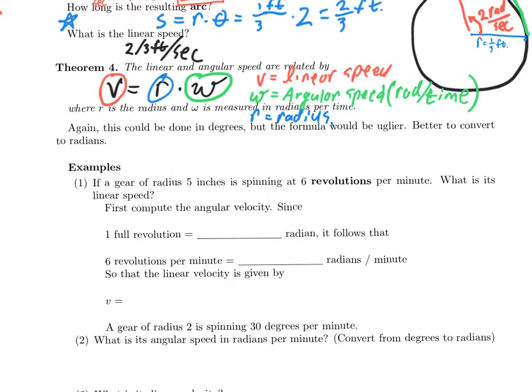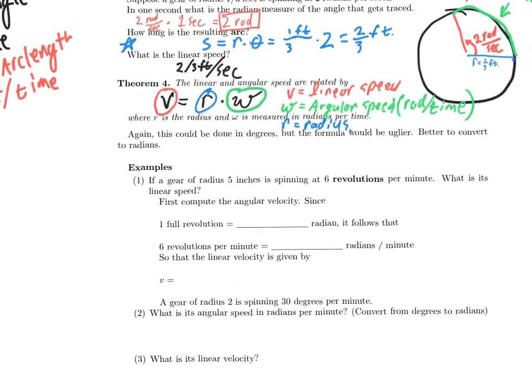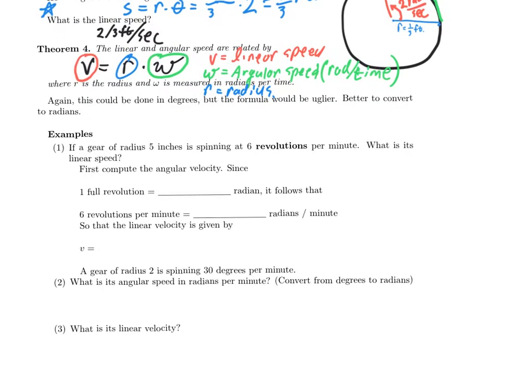So let's do an example. Let's suppose I give you a gear of radius 5 inches, spinning at 6 revolutions per minute. Let's compute the linear speed. So a picture is maybe helpful. So you have this gear. Its radius is 5. It's spinning at some rate.